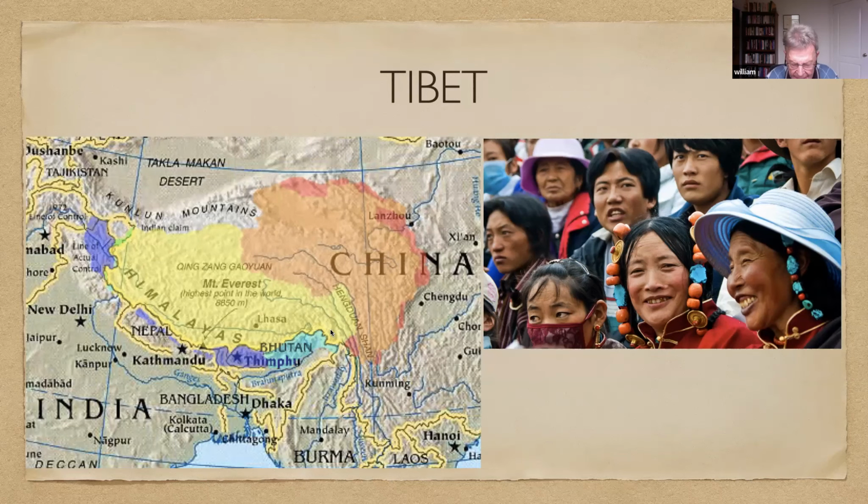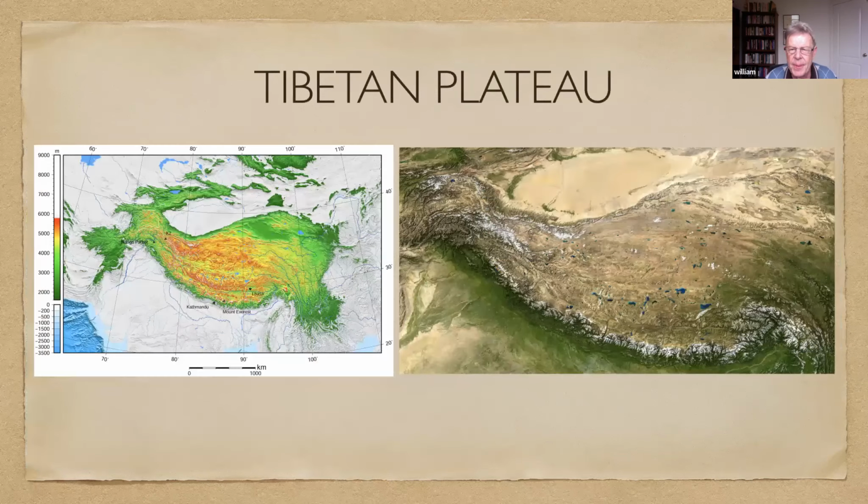Most of Tibet is known structurally as the Tibetan Plateau. And here you can see two images of it. One on the right is a satellite image. You can see this large plateau which sits north of the Himalayas.